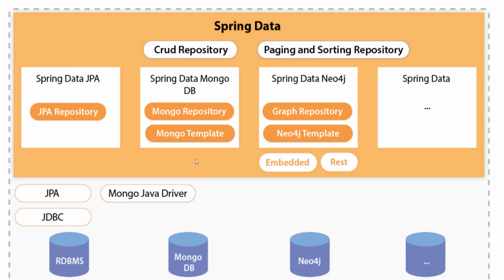And do you remember that we have written a lot of code for the DAO classes, those data access objects with tons of repetitive code, right? But with Spring, we don't need to do that. It auto generates your DAO implementations for you. You just define an interface and extend a Spring Data repository like JpaRepository.